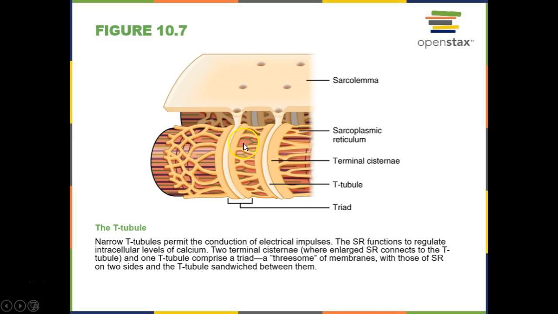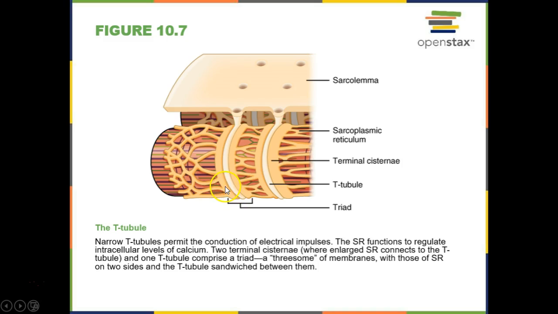So the plasma membrane wraps around the muscle fiber, and then we have these small invaginations of the plasma membrane. They move into the muscle fiber. Those invaginations are called T-tubules. Attached right next to those T-tubules, we have sarcoplasmic reticulum, that smooth endoplasmic reticulum that holds all that calcium inside.